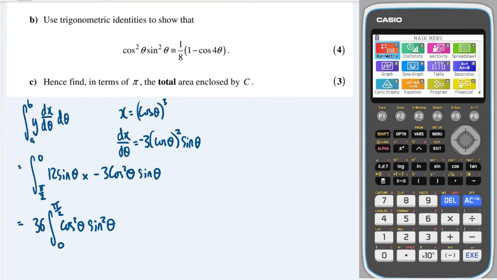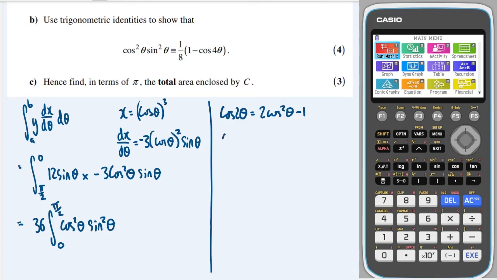And now we need to use trig identities to show that cos squared sine squared is equivalent to 1/8 (1 minus cos 4 theta). Okay, let's do that over here. I'm going to use cos 2 theta is the same as 2 cos squared theta minus 1, and I'm going to rearrange that for cos squared.